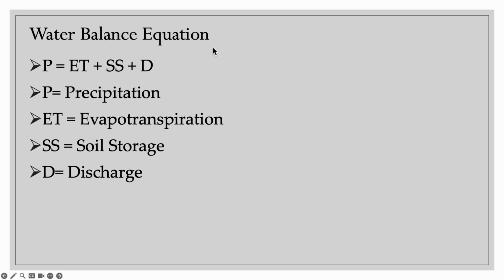For our water balance equation, this is no different than, like I said, a bank account, in that our precipitation, or what is in the atmosphere, is determined by the evapotranspiration, so the amount of water that is evaporated or transpired from either water bodies or plants, and we'll discuss this in a few slides.